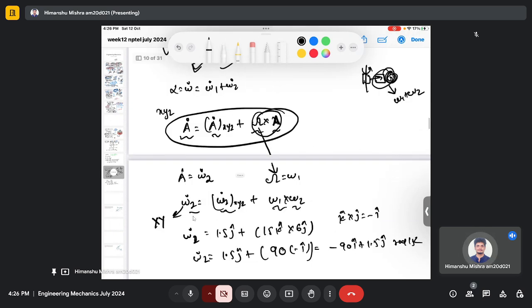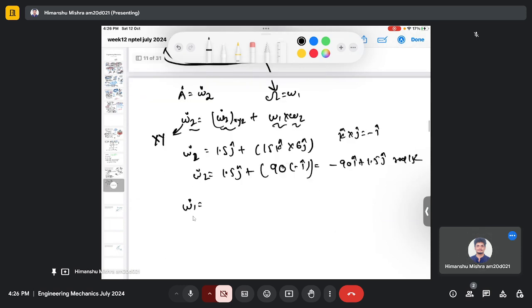And using the similar formula, we calculate omega 1 dot. So this is 0, so omega 1 dot is just omega 1 dot with respect to the moving frame, and it is given in the question as 3 rad per second square.